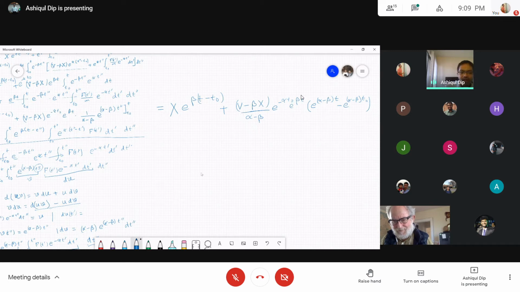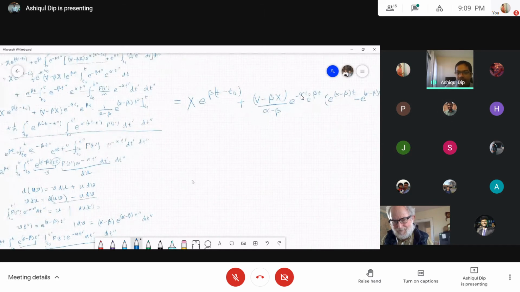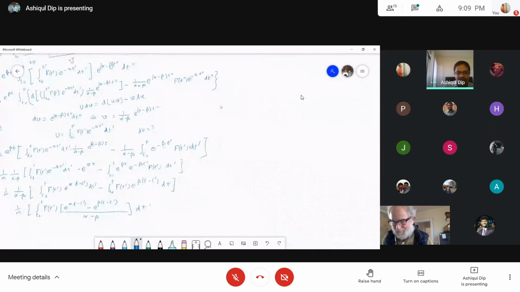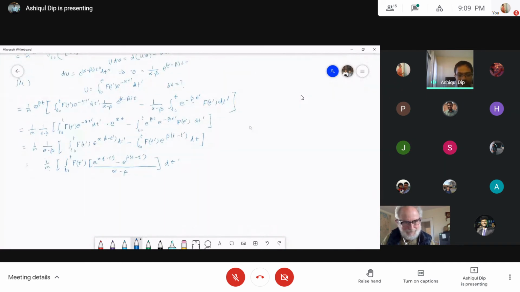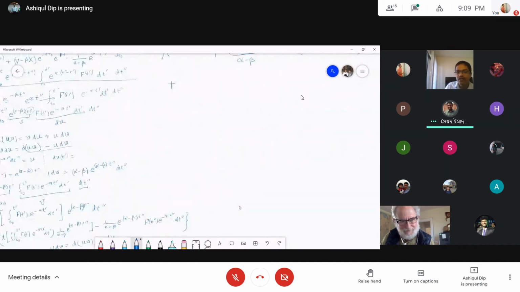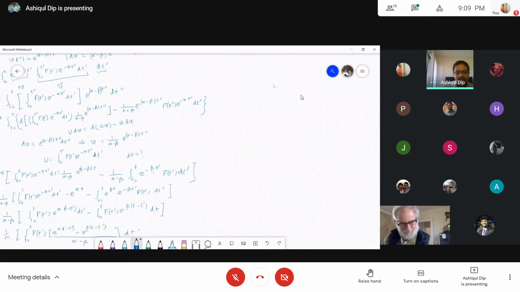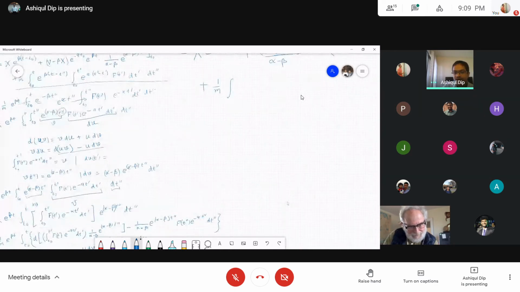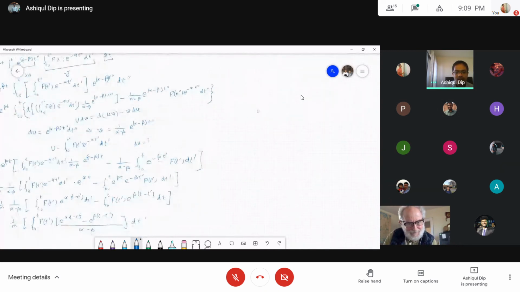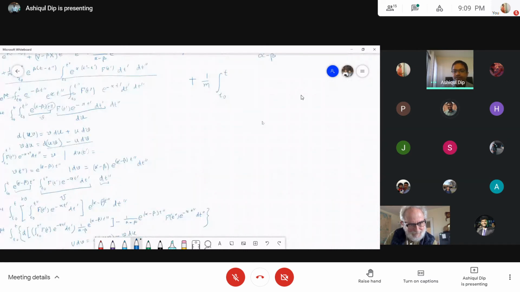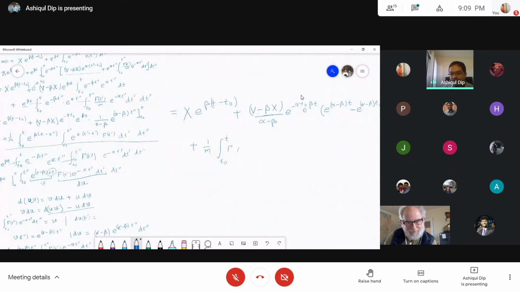So for now, let it be like this, and also the last term is what we got here, 1 over m integration t0 up to t. What else? f of t prime multiplied by this whole thing.